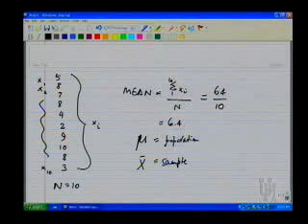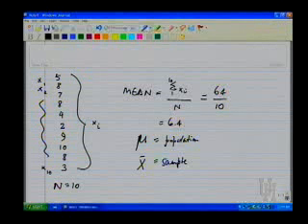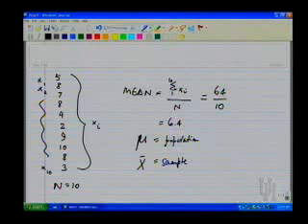So if this was a population of scores, all of the scores in which we had an interest, mu would equal 6.4. The population mean would be 6.4. If this was simply a sample in which we had an interest, X bar would equal 6.4.